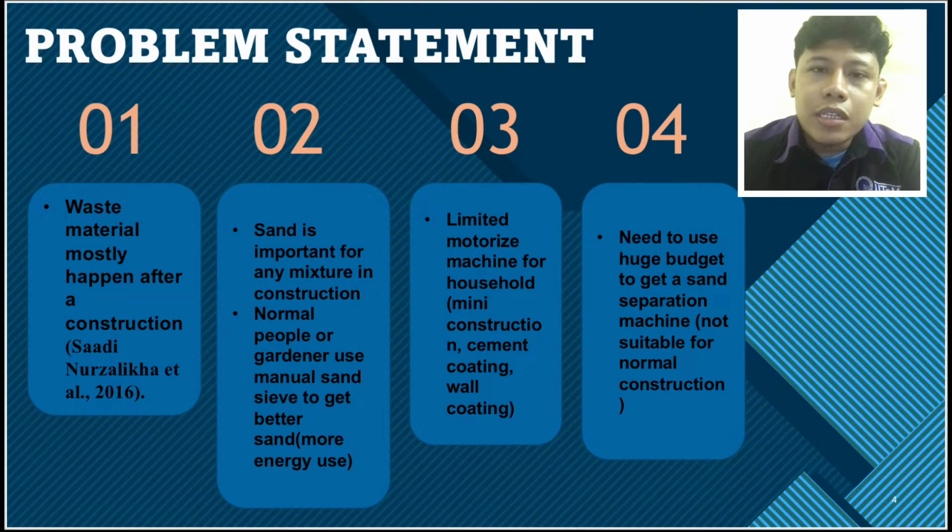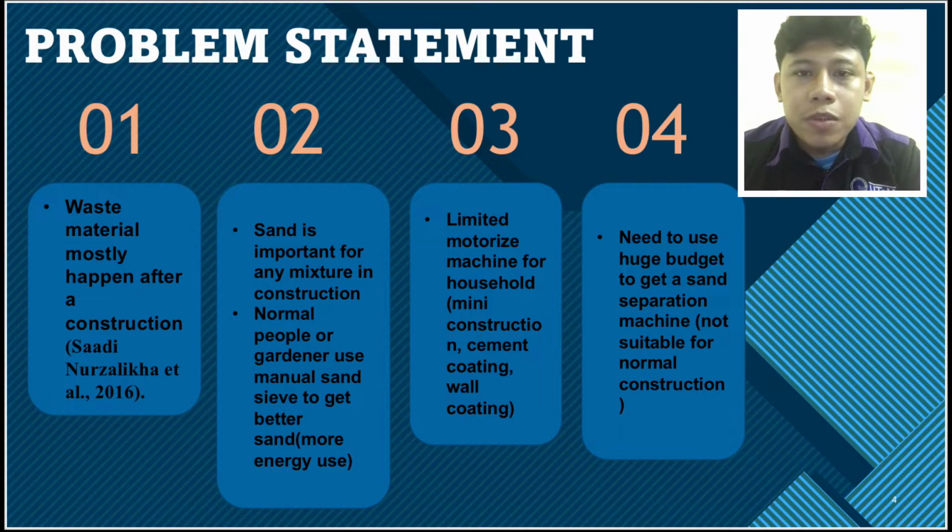So in this slide, I will present and discuss the problem statement for this project. As already stated, waste material mostly happens after construction, and the percentage is increasing year by year. And sand is important for any mixture in construction.